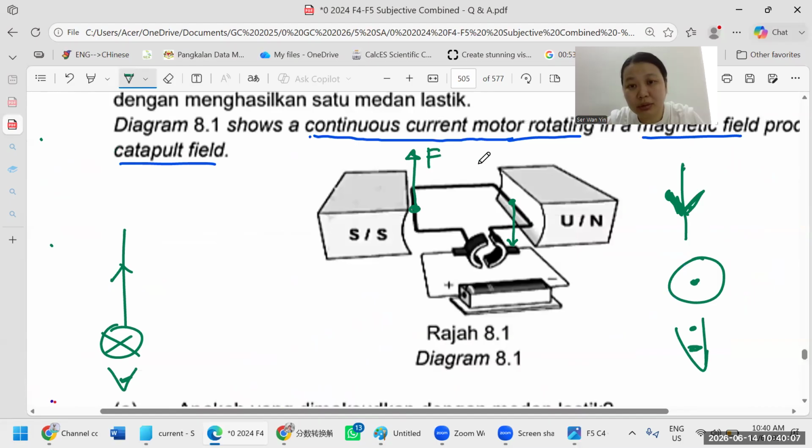The force. So if we see from this side how it rotates, this is 9 o'clock, this is 3 o'clock. Okay, go anti-clockwise rotation. Sorry, clockwise rotation.